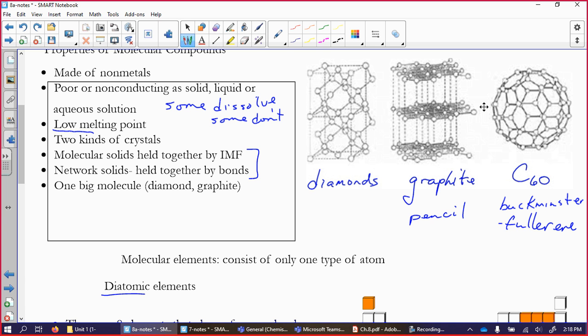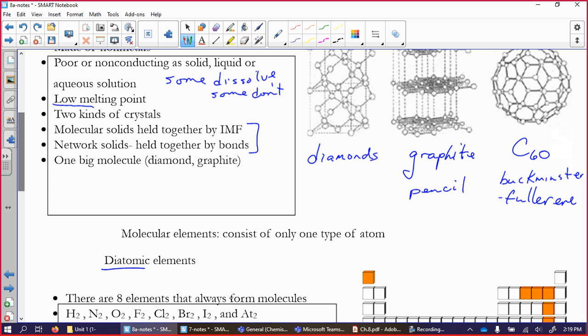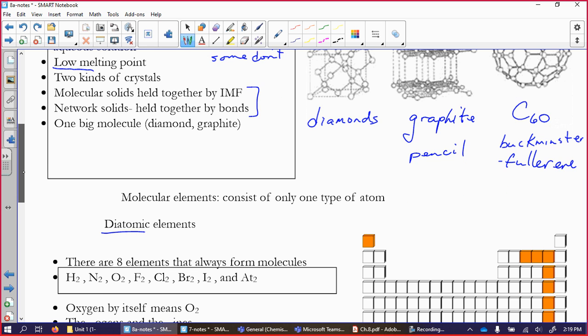If you look at the old black and white soccer ball, it's going to look like that. It's ironic that 60 carbon atoms stuck together like that. The general term for any of these, C60, there's a C70, and all of that, is fullerenes, and then they make nanotubes and all of that stuff out of them. But it's all based on sharing of electrons.